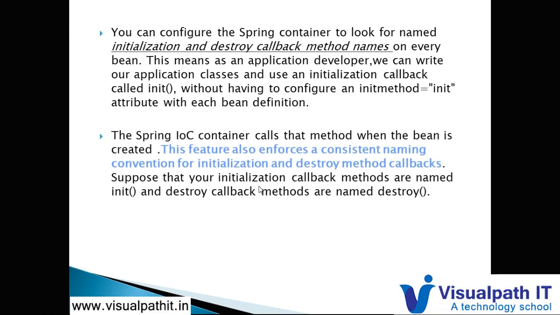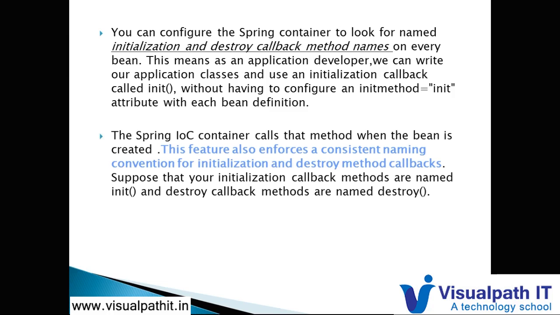We can configure the Spring container to look for named initialization and destroy callback method names on every bean. This means that as an application developer, we can write the application classes and use the initialization callback called init, without having to configure an init-method equal to init attribute on each bean definition.